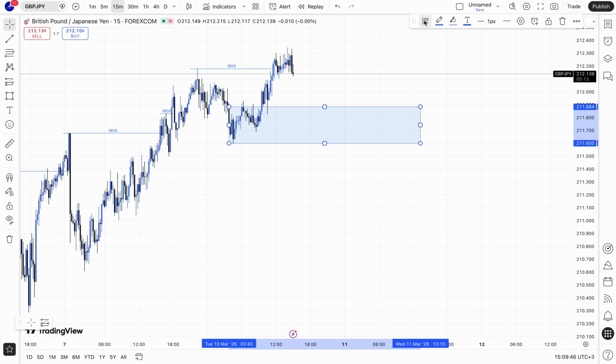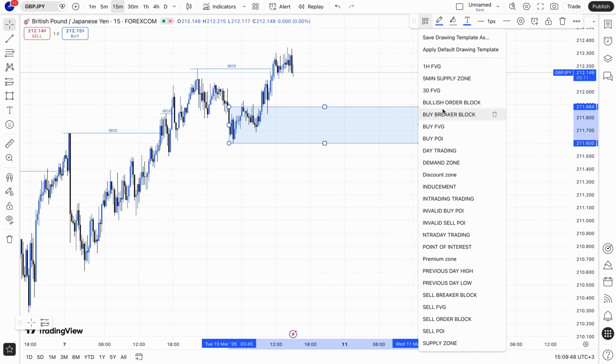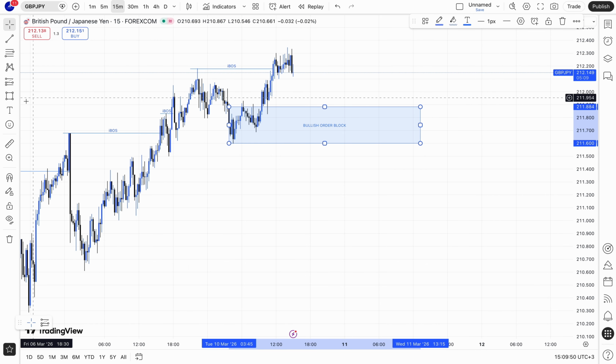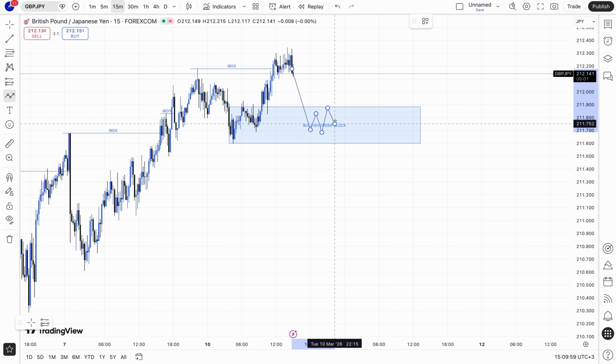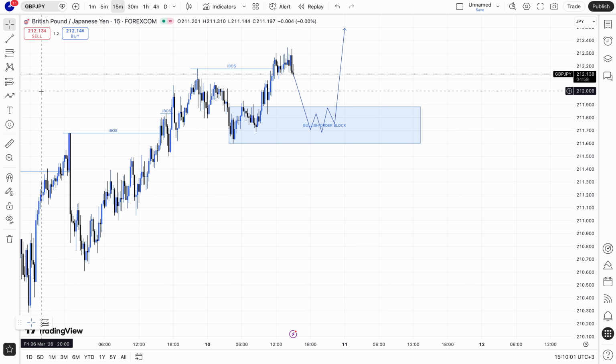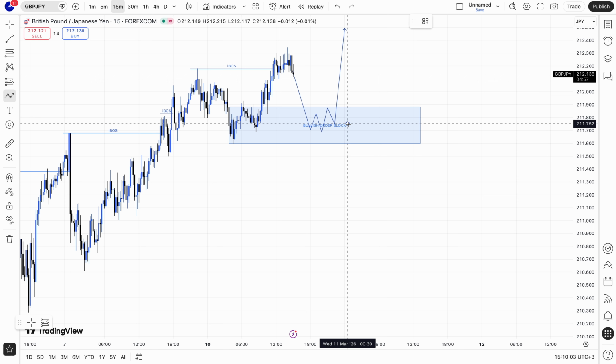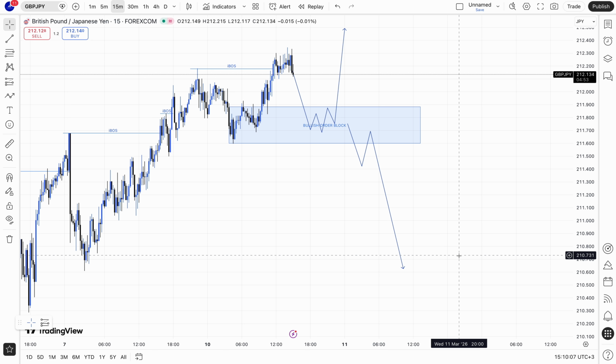Then that's your order block. But scenario number one, I'm expecting this price to come here. Then we look for buy confirmation. Then we continue up. Then scenario number two, if the price disrespects this order block, then I'll just wait for the break, then retest, then a continuation to the downside.